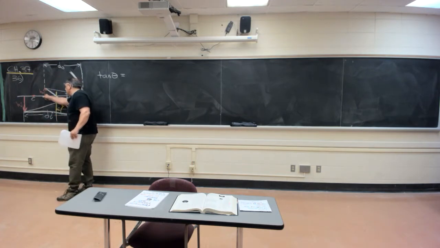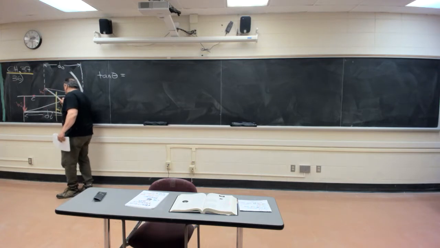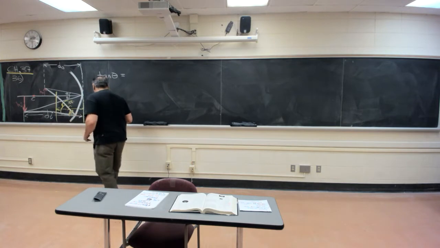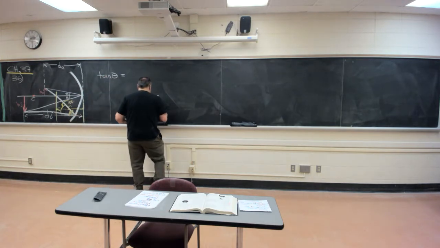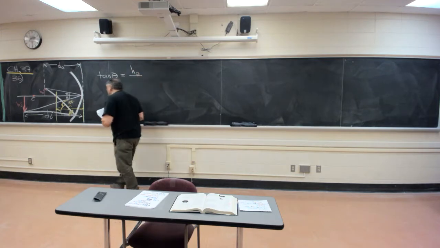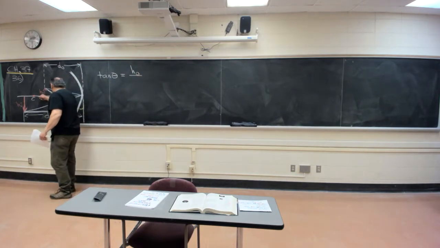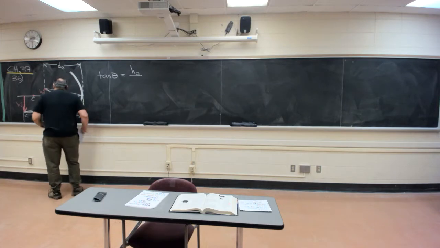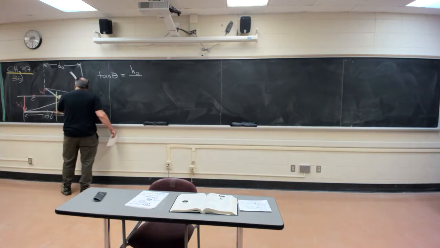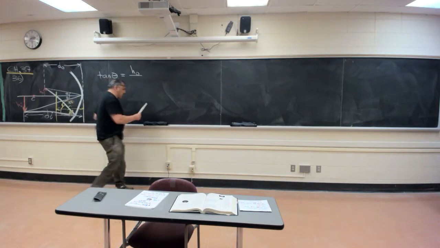There's a theta, there's a 90 degrees, there's a 90 minus theta. They're similar triangles. If that's the case, the tangent of theta is h sub 0 over this distance. For this one right here, small rise over small run. The small run is d0. So it's h0 over d0.